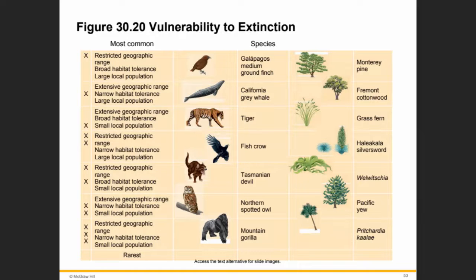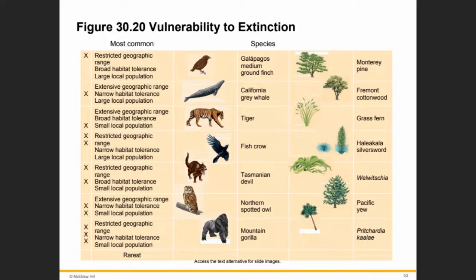The California gray wolf and the Cotton's Fremont wood have a narrow habitat tolerance.